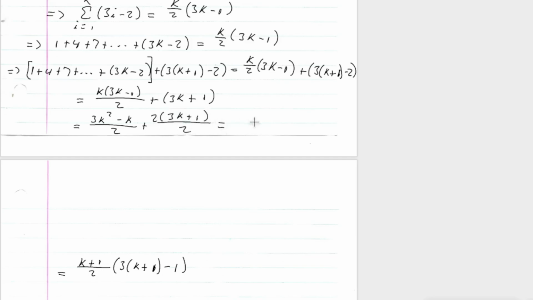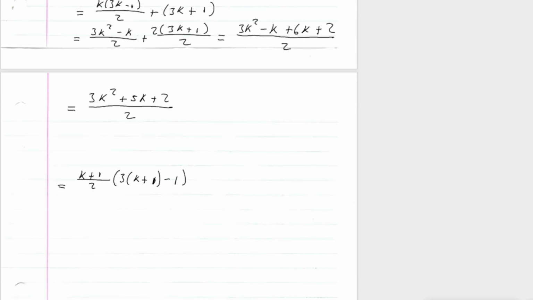And then this is equal to, so now we can combine these. So this will be 3k squared minus k, and then 2 times 3k is plus 6k plus 2, all over 2, right? Now, this is equal to 3k squared plus 5k plus 2 all over 2.